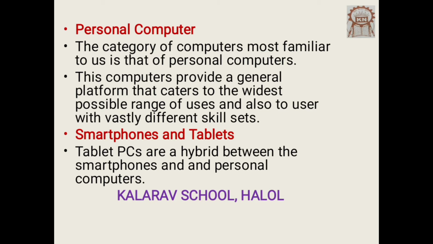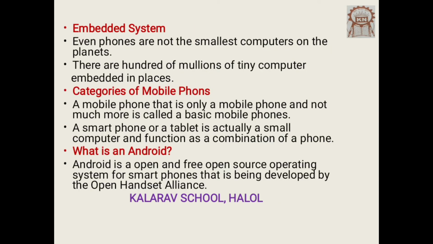Smartphones and tablets. Tablet PCs are a hybrid between smartphones and personal computers. However, with increasing processing power and memory, specialized versions of PC operating systems have now become the most popular choice for smartphones and tablets.